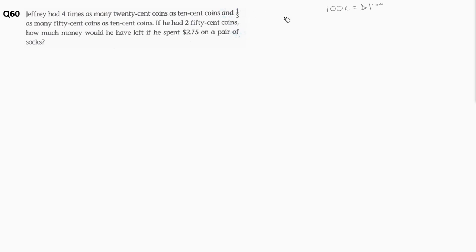Okay, so that aside, we have got two sorts of things going on here that you might need to think about. One, remember, you've got the number of coins here, not the value of the money. And that's very important for you to realize. We've done questions like this before. So here we're talking about the number of coins, okay?